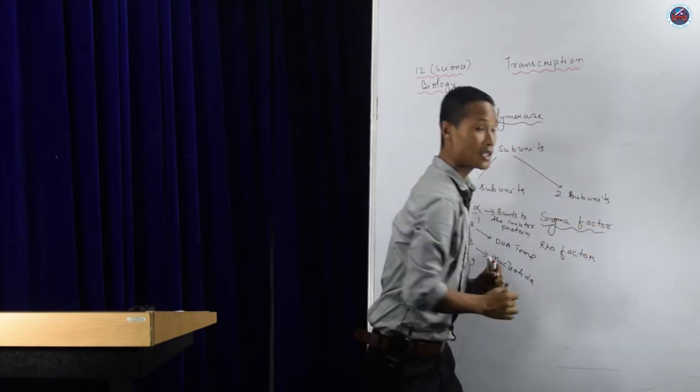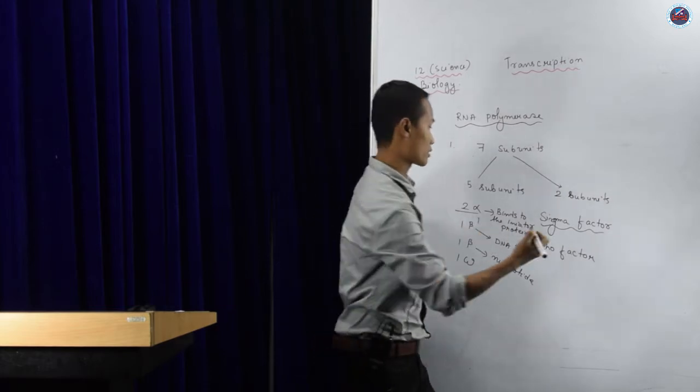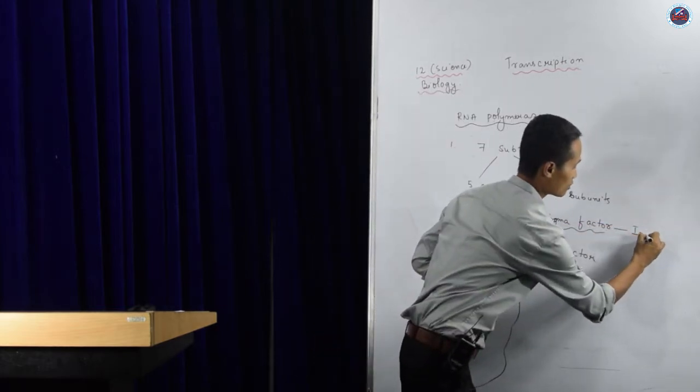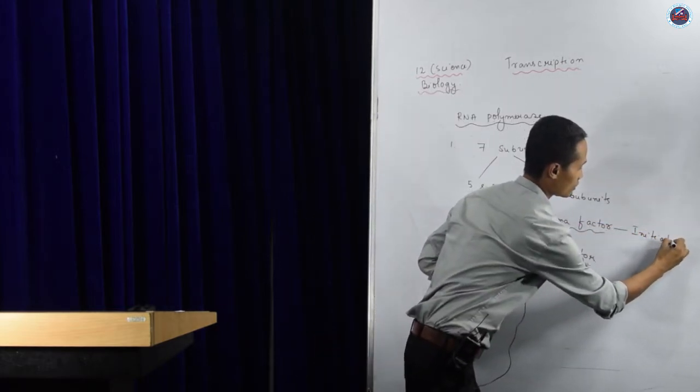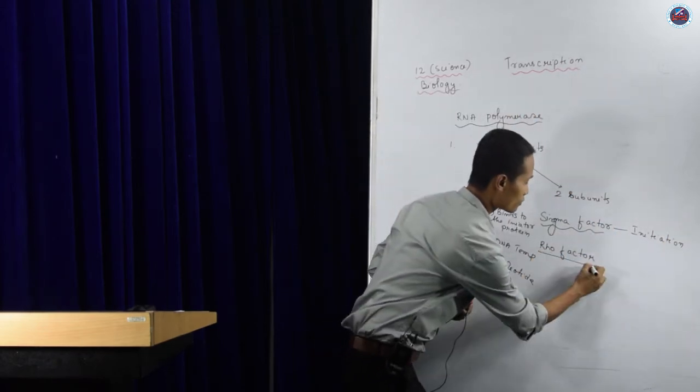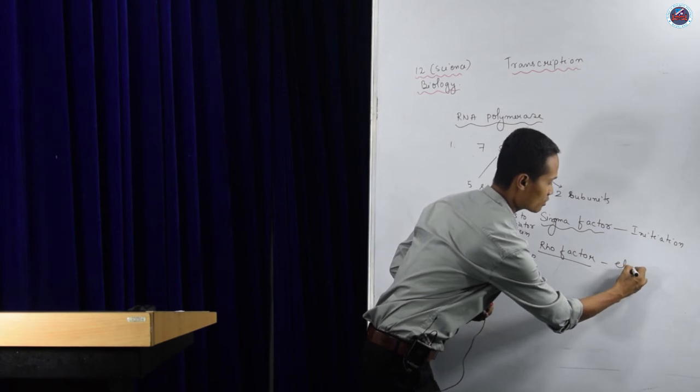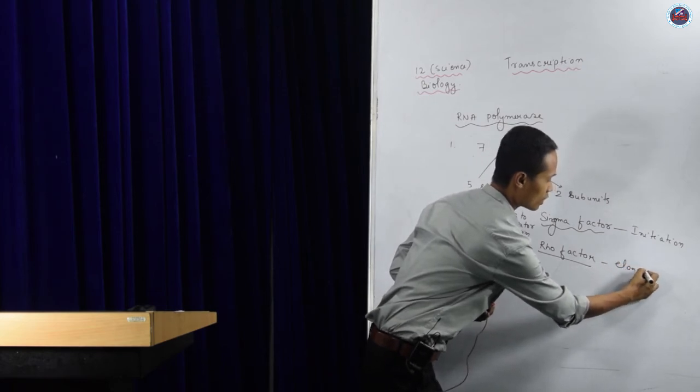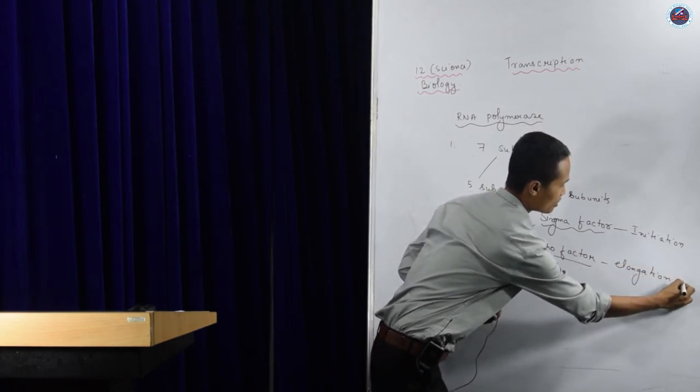Sigma factor usually helps in the initiation process, which we will discuss in detail. Rho factor helps in the process of elongation and termination.